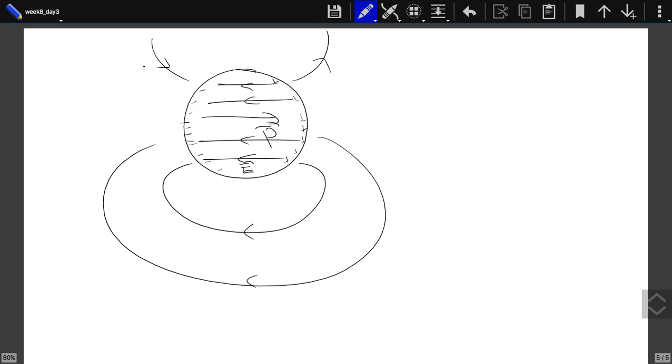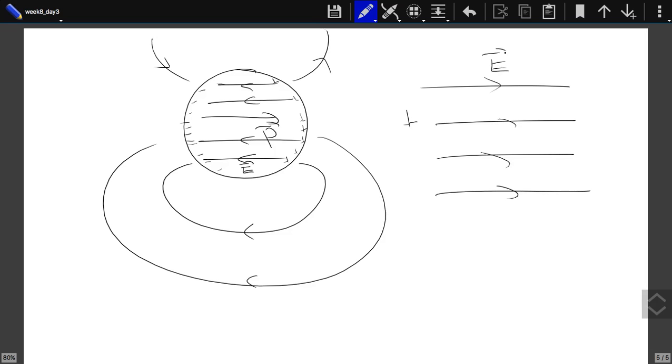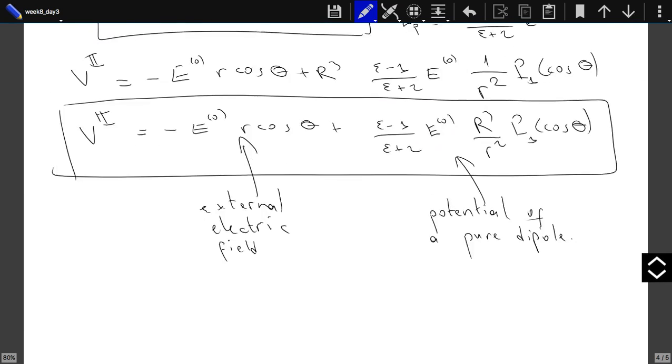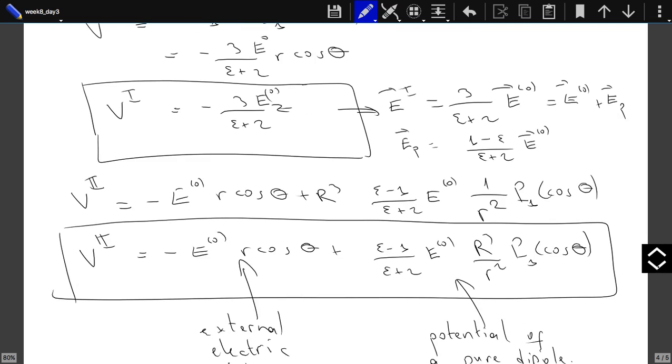Now, on top of this, we have this uniform electric field. And the total electric field corresponds to these potentials in rectangles. So this is the electric potential corresponding to a uniform electric field. Here we have the potential corresponding to the external electric field plus the potential corresponding to a pure dipole outside.